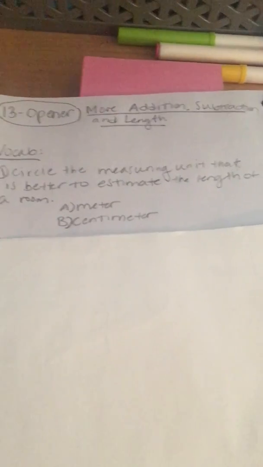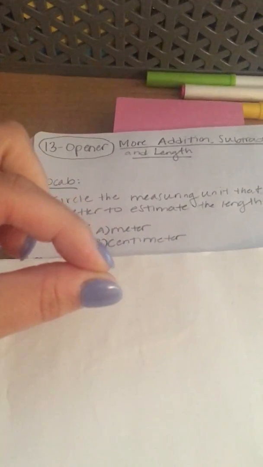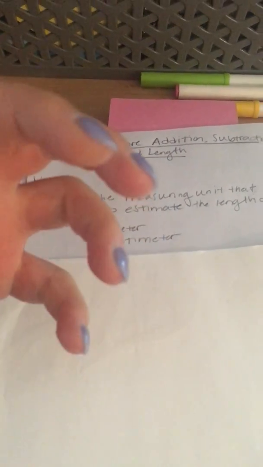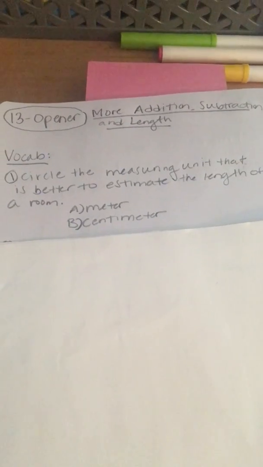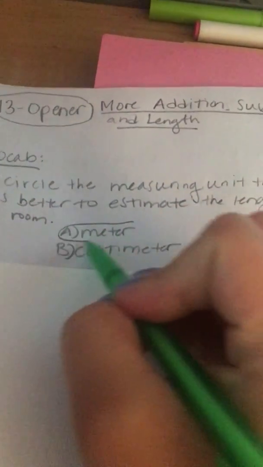You're probably going to want to choose the one that's bigger, and we know a centimeter is teeny tiny, smaller than an inch, and a meter is closer to the length of a yardstick, which is like a baseball bat. So probably going to want to estimate how many baseball bats it takes to fill the room versus how many little nails take to go the length of a room. So the correct answer would be meter.